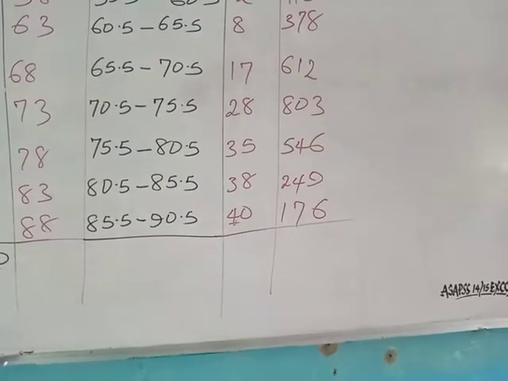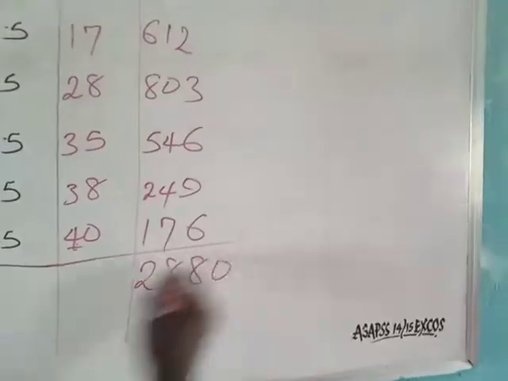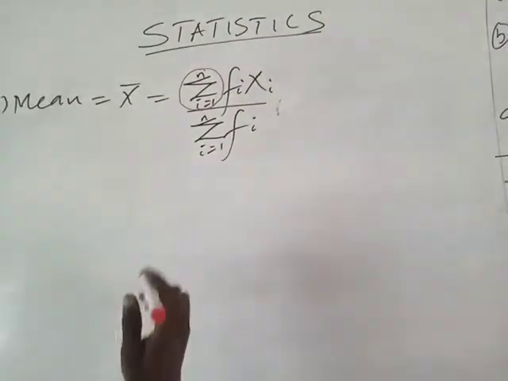So we have 2880. So we easily put our value here, our summation fx.